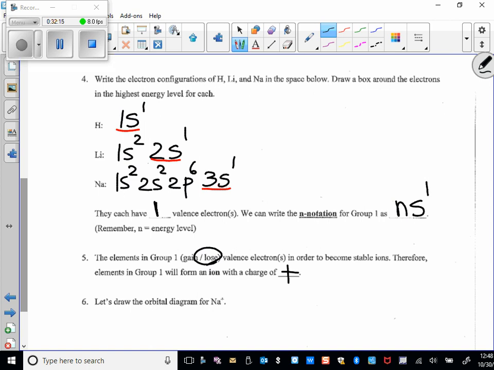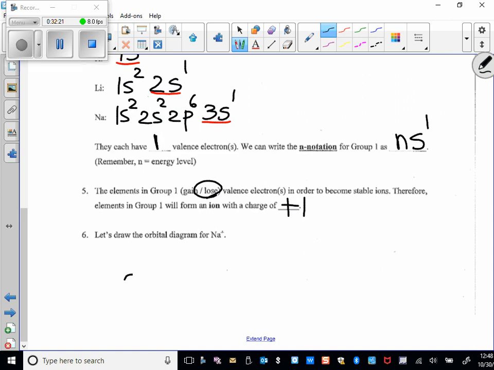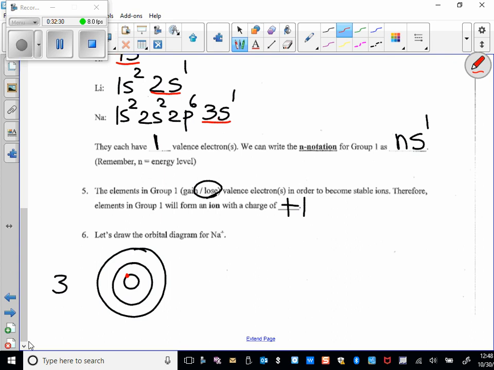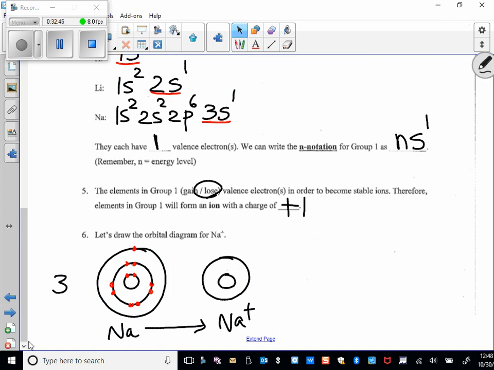Therefore, if they lose 1, what is their charge? Positive 1. So, sodium looks like this. Sodium is the 3rd energy level. So, sodium has 2 in the first, 8 in the second, and 1 in the outermost. This is sodium. When it becomes Na+, what happens? It becomes this.